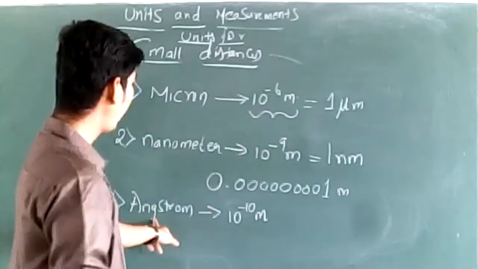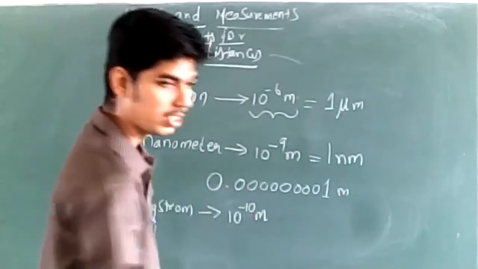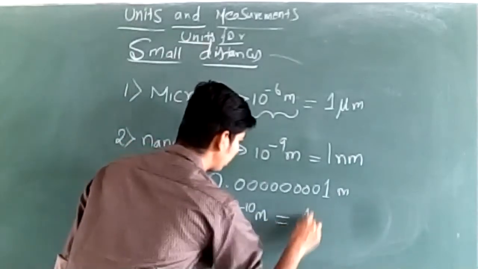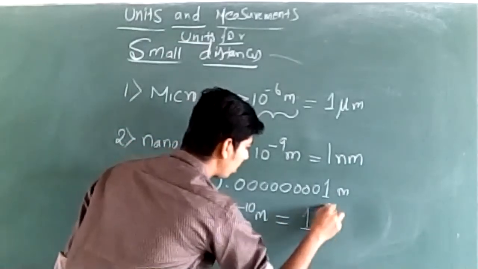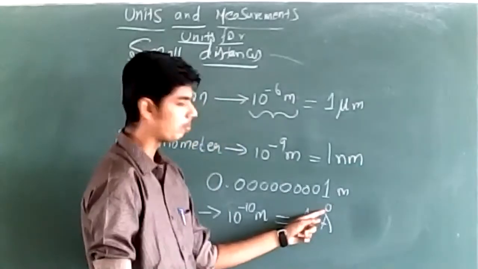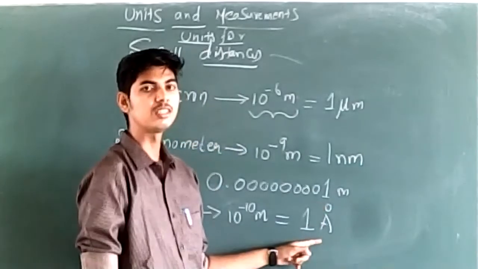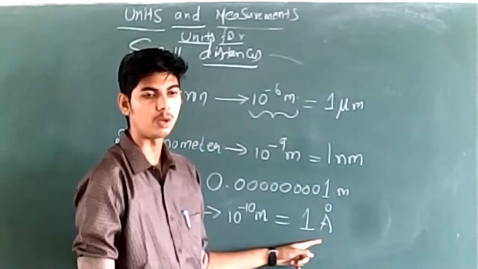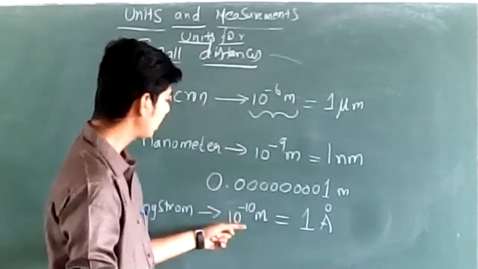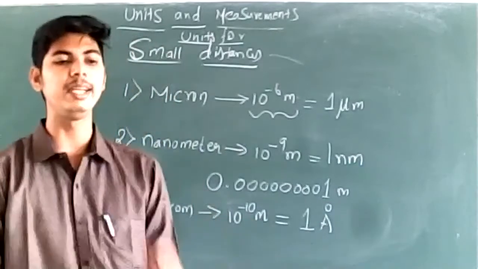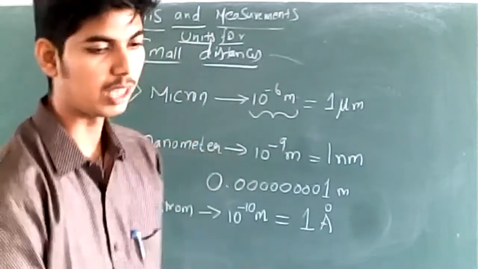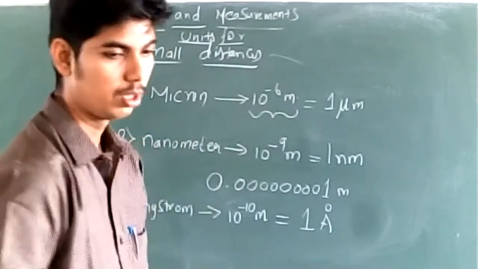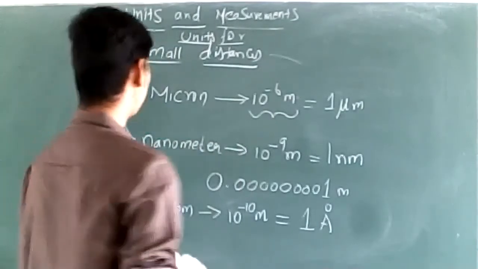Okay, so angstrom means 10 power minus 10 meter. We write it as 1 angstrom, with the symbol A with a small circle on top. This is the symbol used for writing angstrom. 1 angstrom is 10 power minus 10 meter.